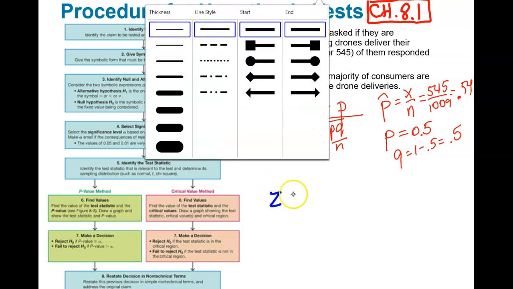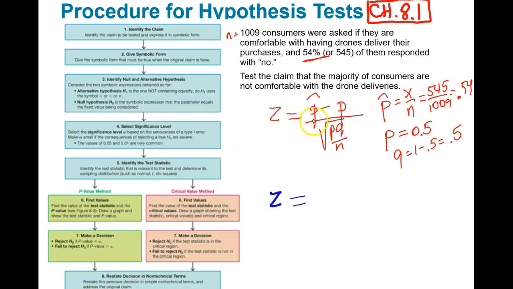So let's find our Z value. Z is equal to P hat, which is 0.54, minus P, 0.5, divided by the square root of 0.5 times 0.5 for Q, divided by 1009, equal to, then I'm going to use the calculator to simplify this value.